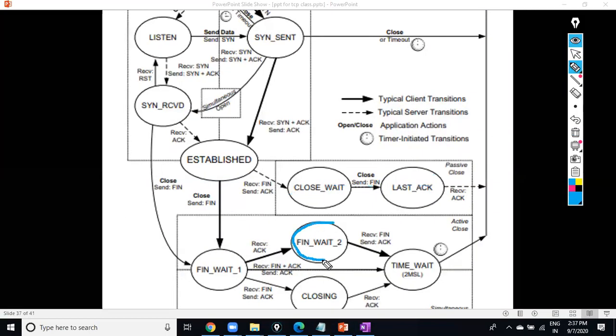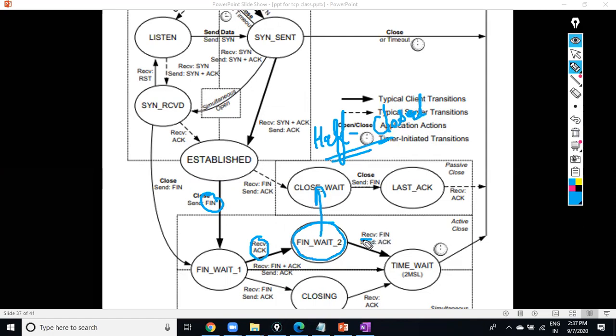One more thing you can say here: FIN wait state 2 is about your half open connection. I have sent the FIN and received the acknowledgement, so from one side the connection is already closed. So it is a half closed session.